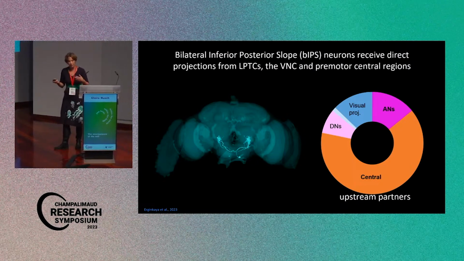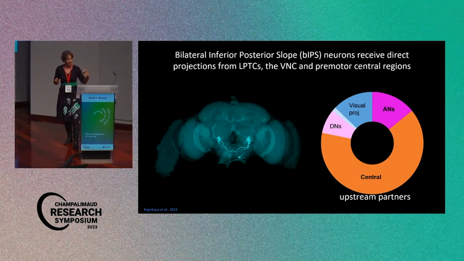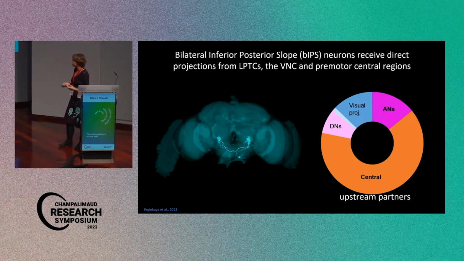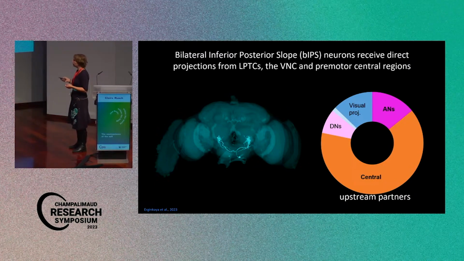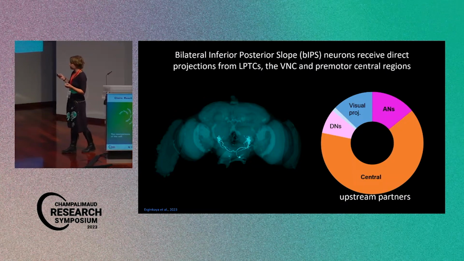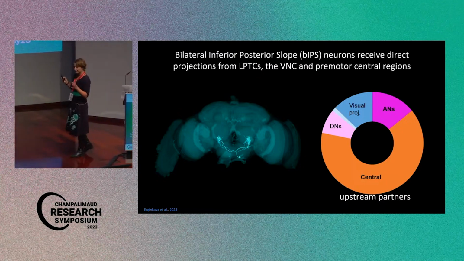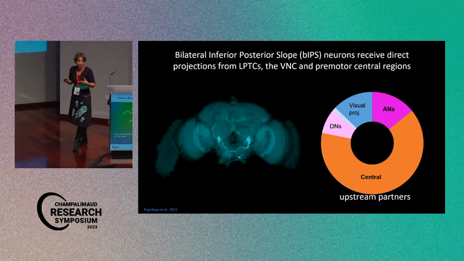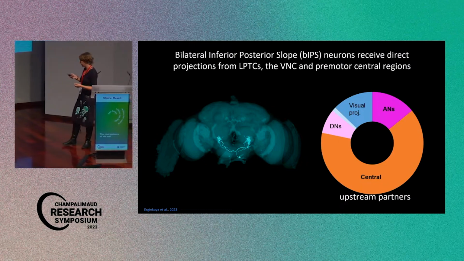So it's well placed to be doing this integration between visual information and body motion, locomotion signals. That's the fly brain, by the way, and here in the more popping out blue, you can see the BIPS neuron. It's really good for me because there's only two, one per hemisphere, so it's easy to track.